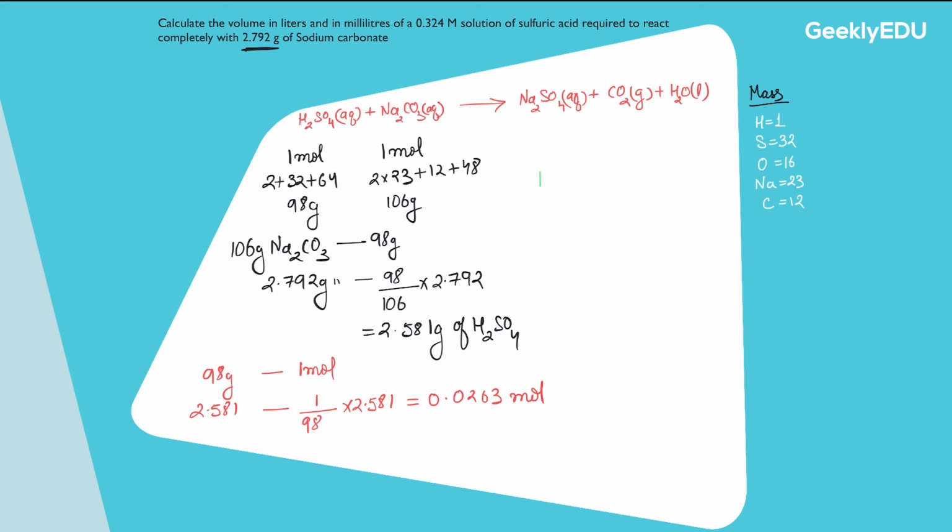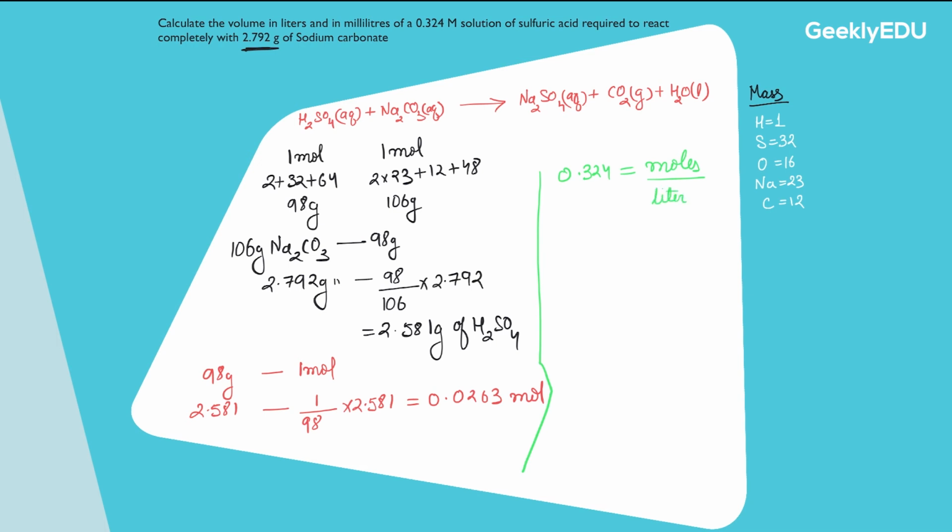Now, let's have the third part. Why the third part? Because the question says the available sulfuric acid has a molarity of 0.324. Now, what does molarity mean? Moles per liter. So let me just correct that.